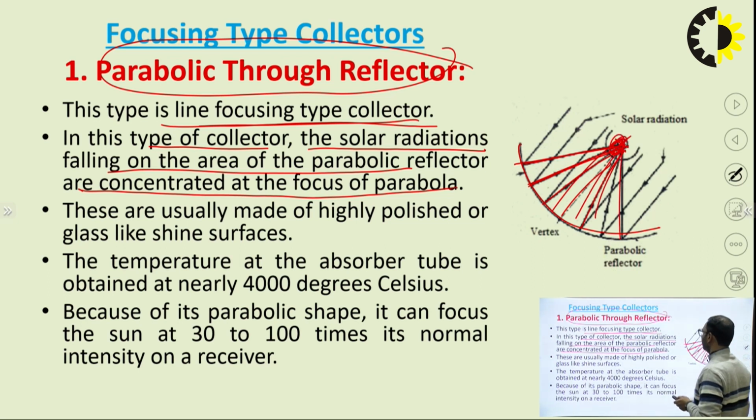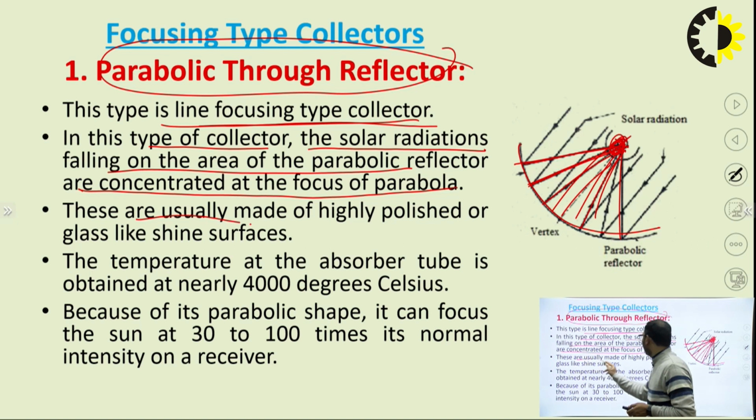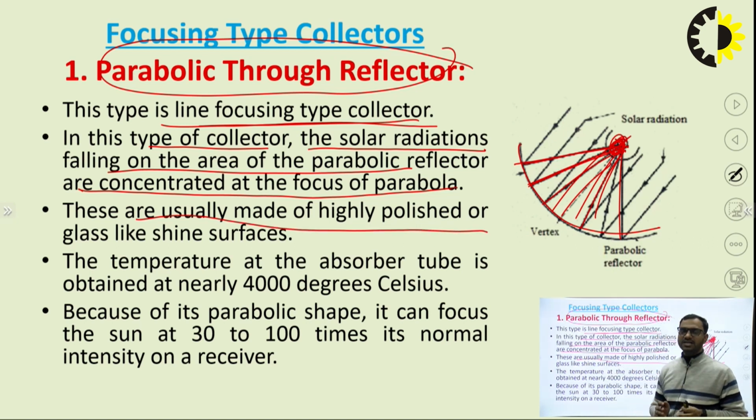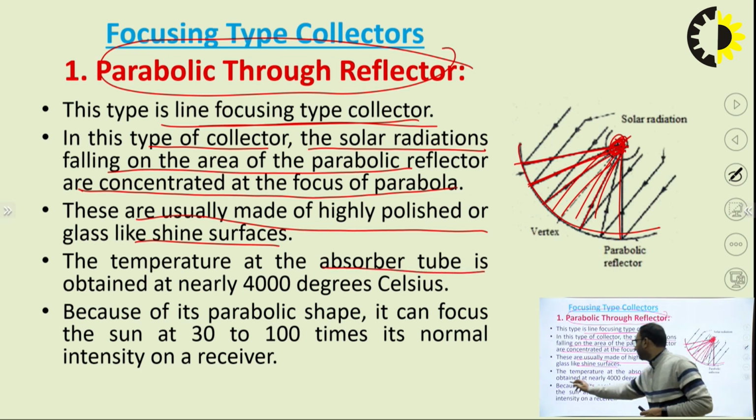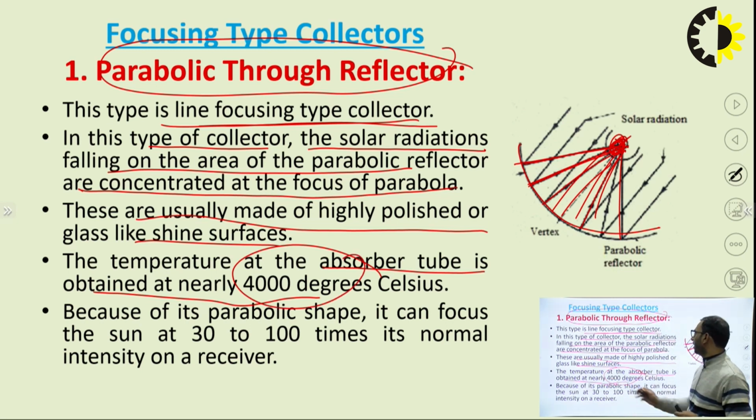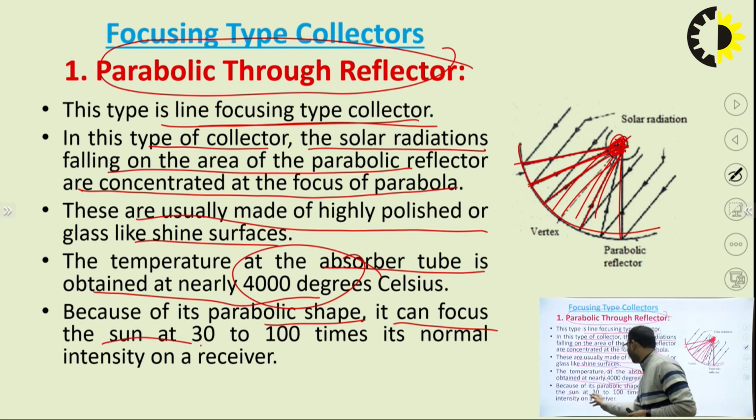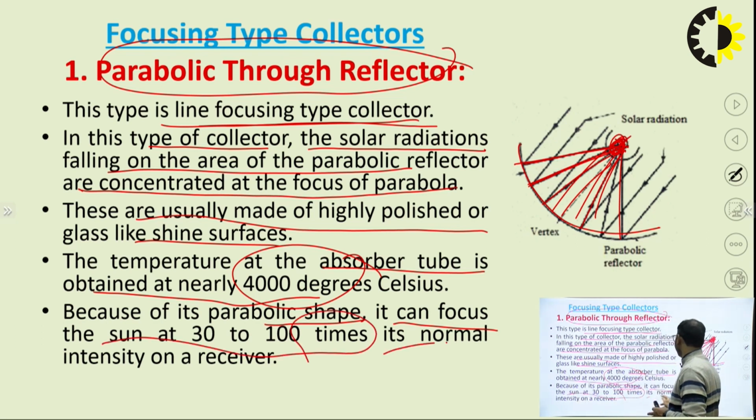These are usually made of highly polished glass-like shiny surfaces, and the temperature at the absorber tube is obtained at nearly 4000 degrees Celsius. Because of its parabolic shape, it can focus the sun at 30 to 100 times its normal intensity on a receiver.